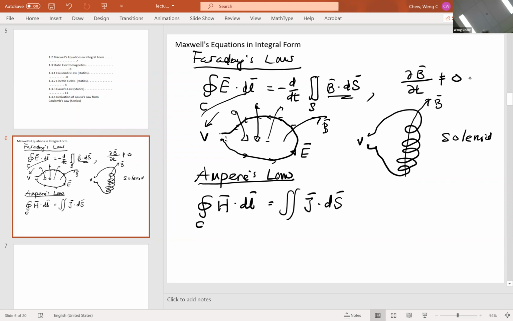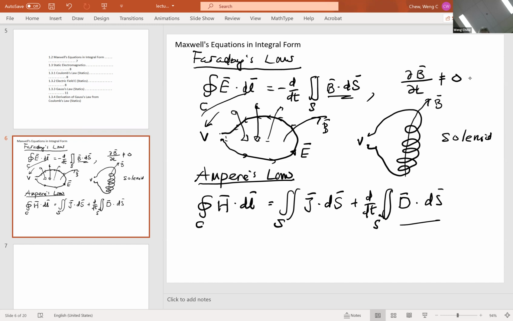Instead of the B flux, you integrate the current flow over a surface S. And then you have a term that looks like the right-hand side of Faraday's law, but something that says that this is equal to, oh sorry, there's no closed loop around the thing.